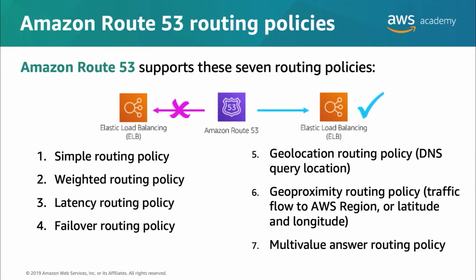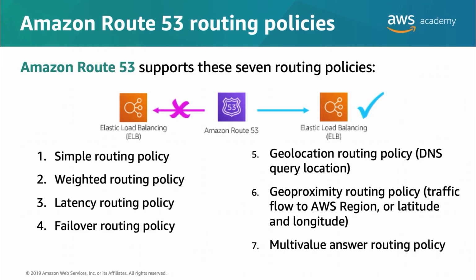Note that Amazon Route 53 supports 7 different routing policies. First, there's the simple routing policy. You use this for a single resource that performs a given function for your domain. For instance, a web server that serves content for the example.com website. Next, you can have a weighted routing policy.